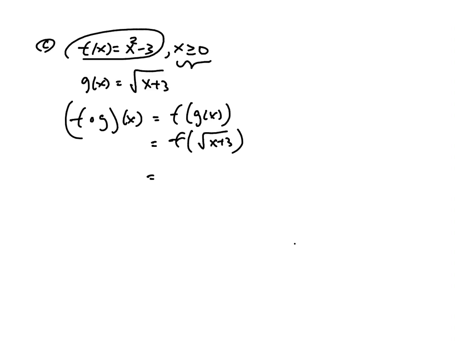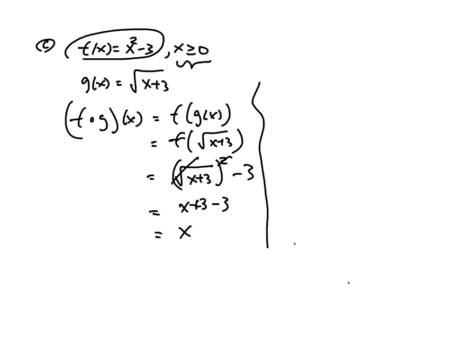You get square root of x plus 3, quantity squared, minus 3. So you square and square root cancel. You get x plus 3 minus 3, which is just x. Okay, that's what we want. Try again.